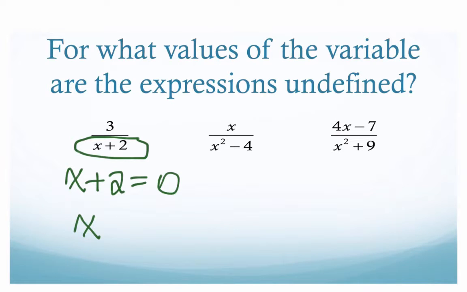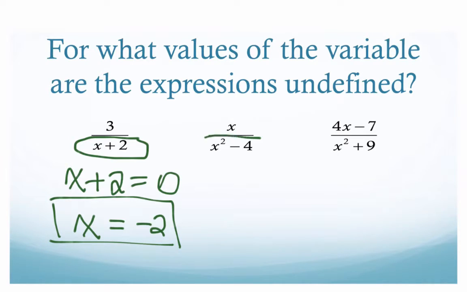So for this first expression here, x equals -2 is what makes the expression undefined. When you plug in -2, we get -2 plus 2, which is 0. So -2 makes that first expression undefined. The second expression is x squared minus 4.